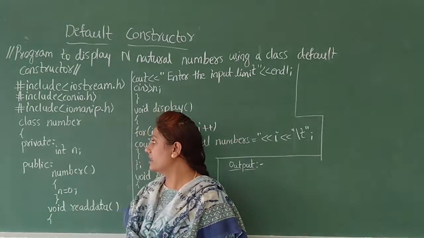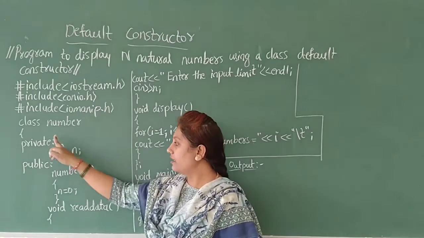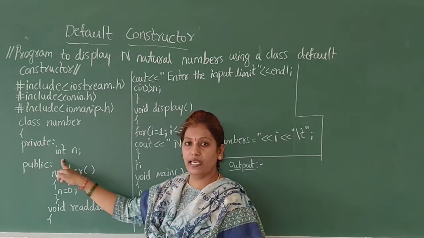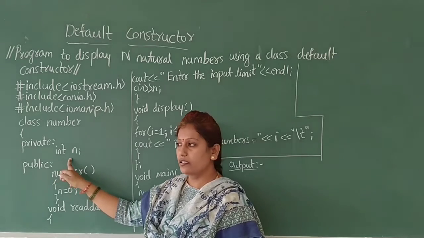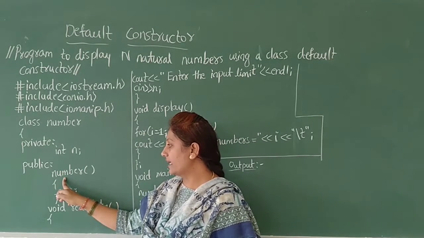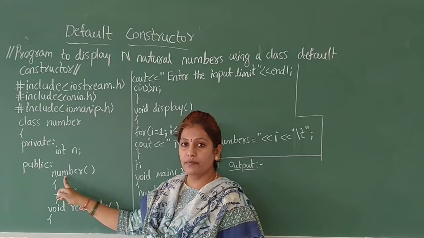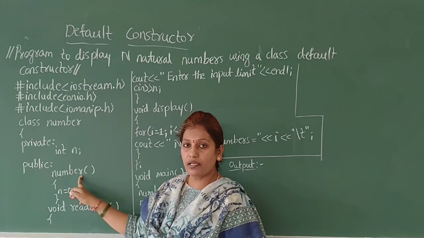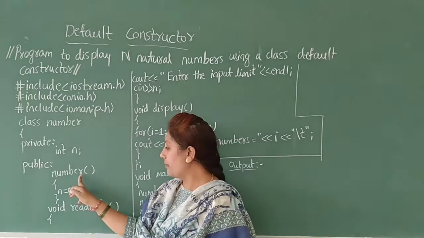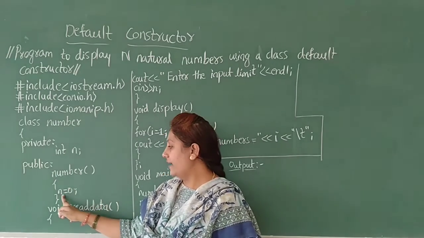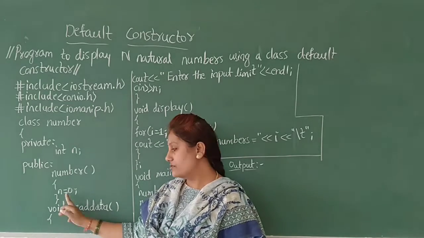Next, it creates a class number, and in the private section one data member is declared with the data type integer, that is n. In the public section, a default constructor is created using the class name number. Here 0 arguments are passed, which means this is a default constructor, and n is initialized with value 0.